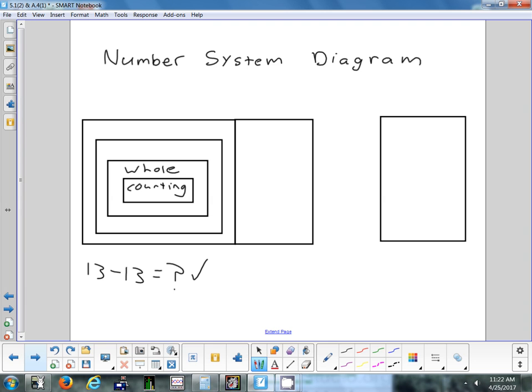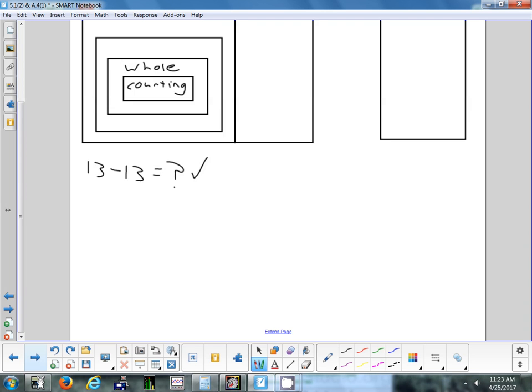We call it 0. But we could still run into some problems here. Not with addition. Okay, if you were to take a whole number plus a whole number, I think you'd be okay. But can anybody think of another subtraction problem that we wouldn't be able to solve if all you understand is whole numbers?